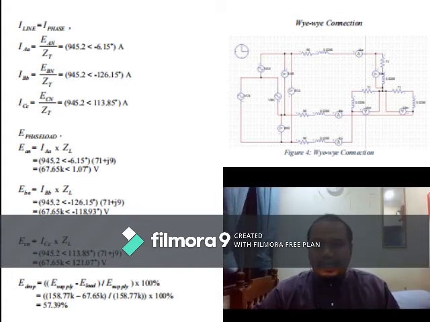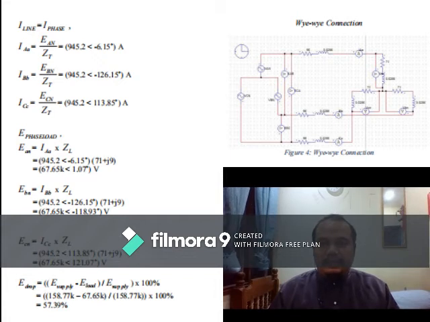As for the phase load, I use EAN equal to IAA times ZL, the Z load. As you can see, I got 67.65 K, angle 1.07 degree volt.